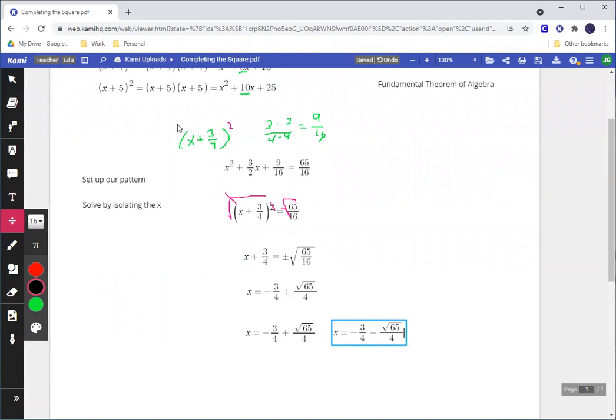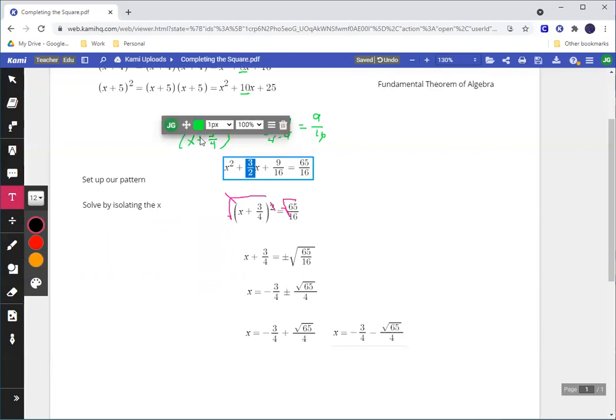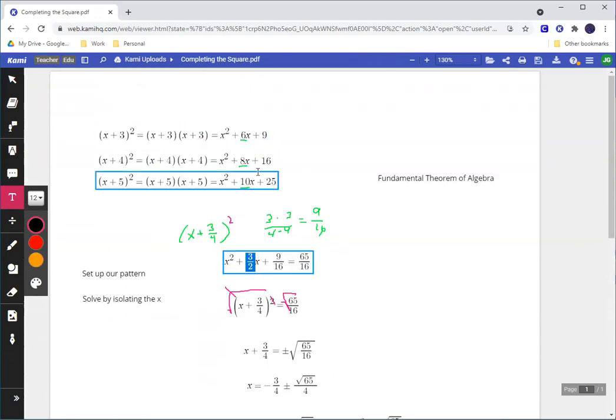So we went through a problem from start to finish. We started off by setting up our pattern, making sure that we didn't have a coefficient in front of the quadratic term in front of the x squared, making sure that our constant term matched with our linear term using our parentheses as a guidance and following the pattern which we established earlier.